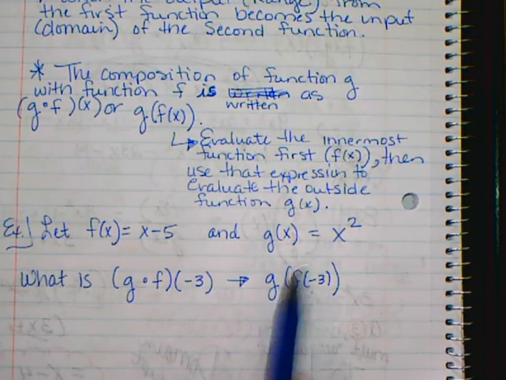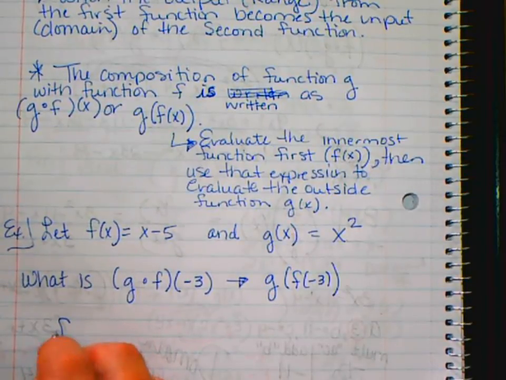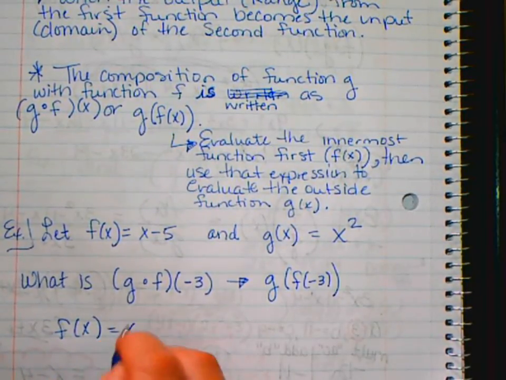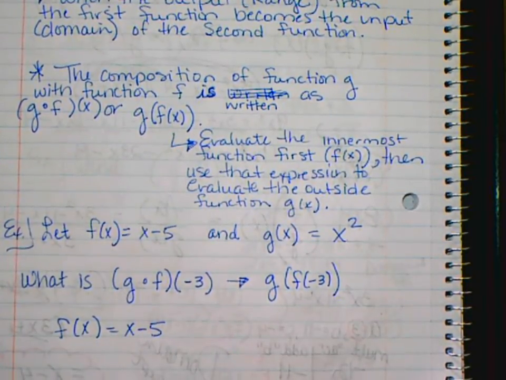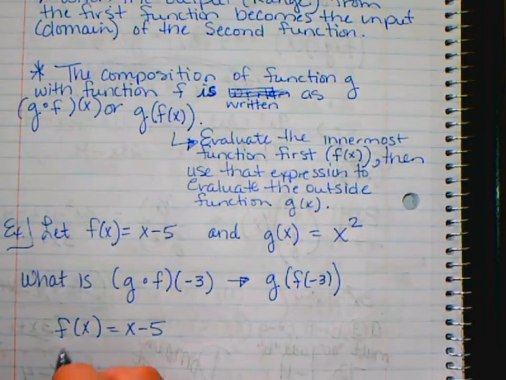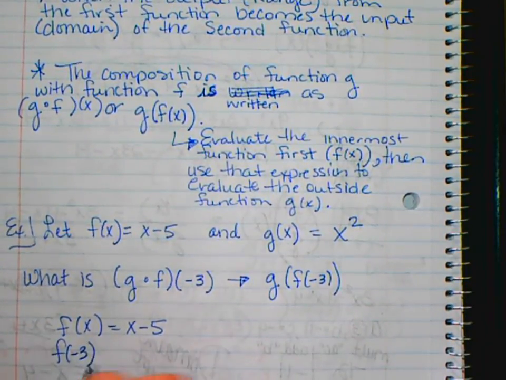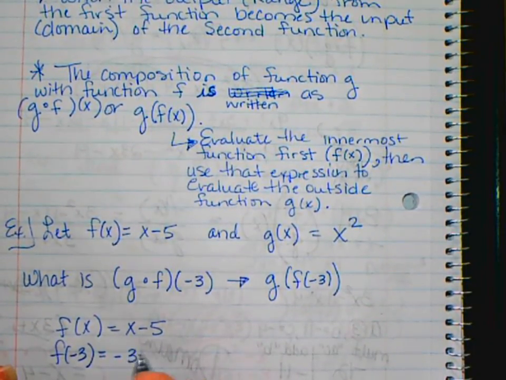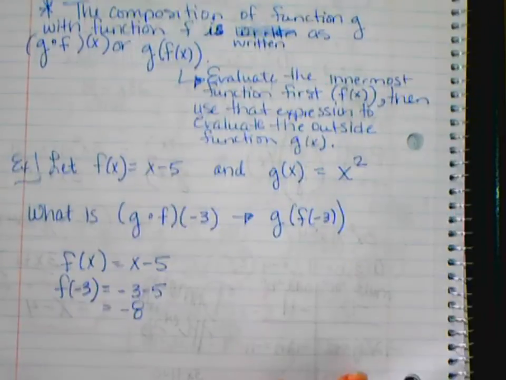So whatever's inside. So I'm going to take function f, and I'm going to evaluate it when my input, my x value, my domain, is a negative 3. So I'm going to evaluate f of negative 3. And I get negative 8.